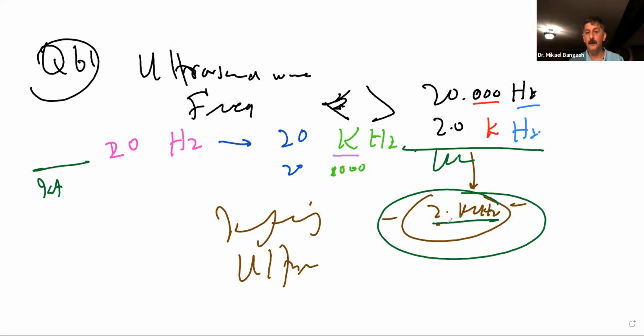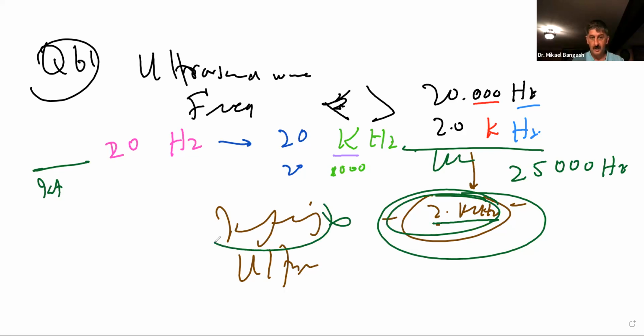A wave with a frequency of, let's say, 25,000 hertz, sorry, or you can say 25 kilohertz, is still ultrasonic, but it's not going to be used for ultrasonic imaging.